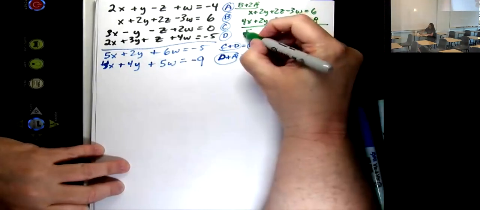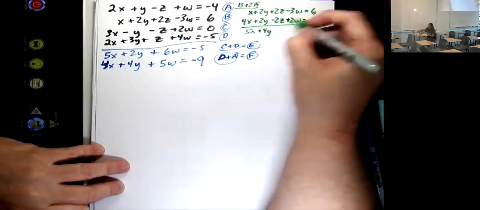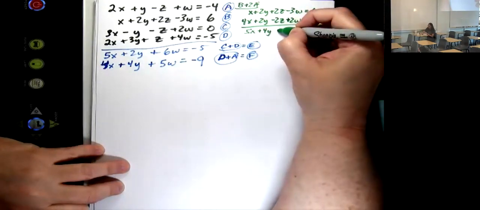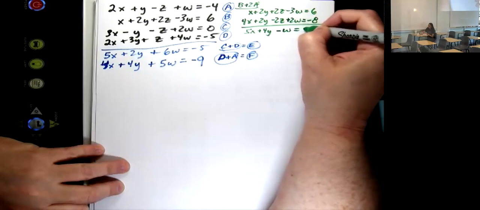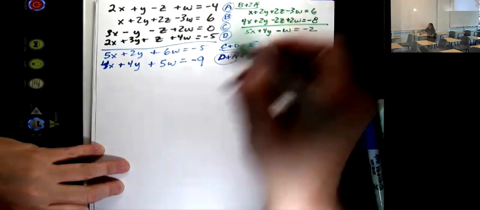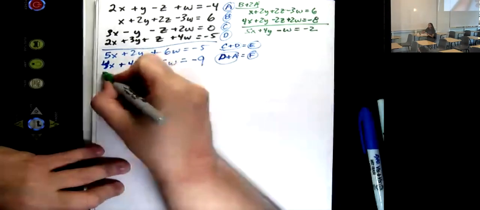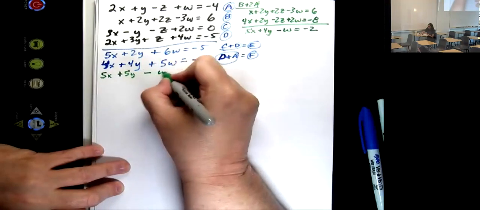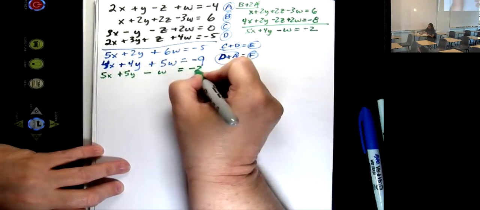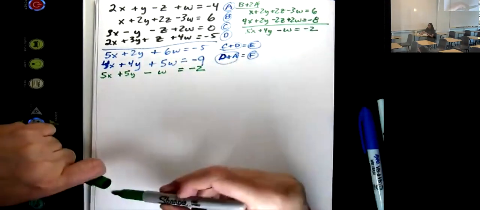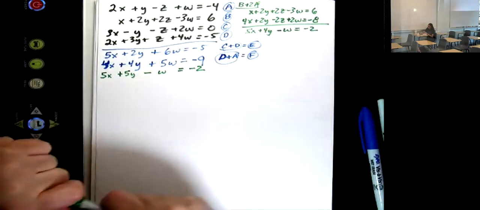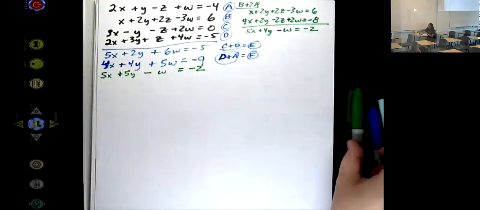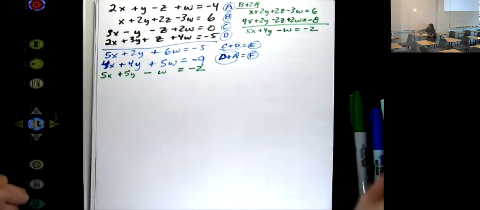And I get 5x plus 4y minus w equals -2. And we'll call this one G.